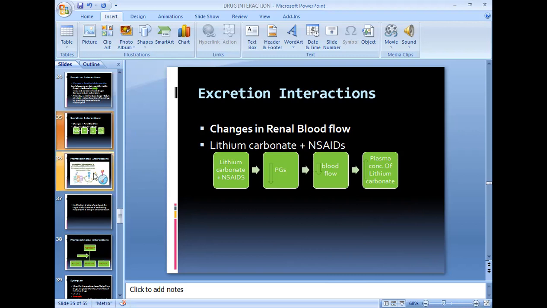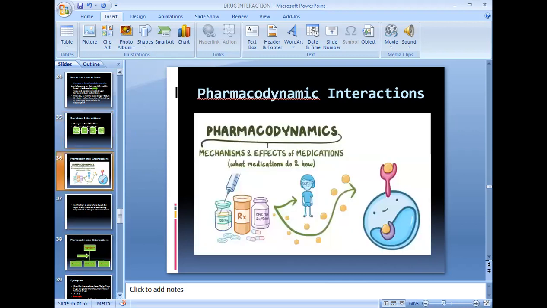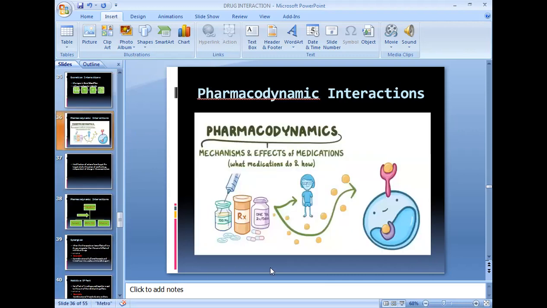Now come towards pharmacodynamic interaction. Pharmacodynamic means the response of the drug, what the medication does and how it does it. These include mechanisms and effects of medications on the body.